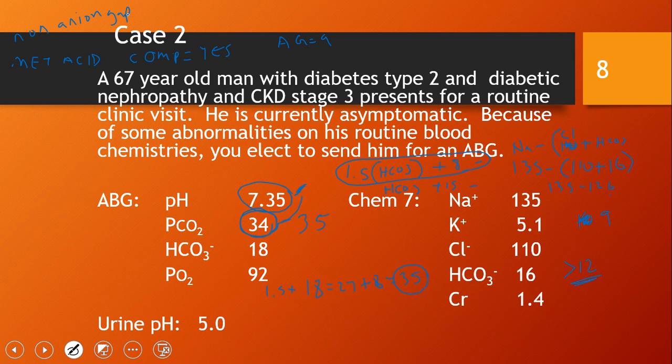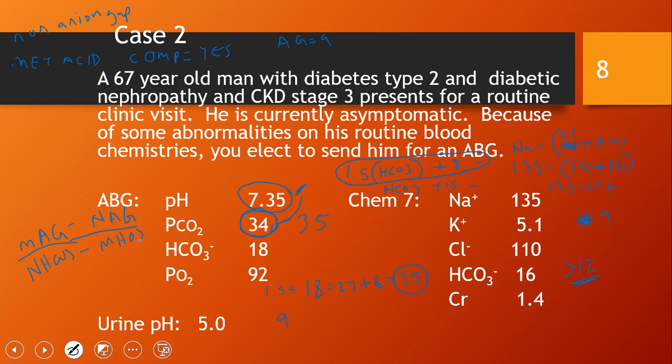Now I'm going to figure out his delta-delta. I'm going to take his measured anion gap, which is 9, and actually I'll write what I'm going to do first so that you can see. I take measured anion gap minus normal anion gap, over normal HCO3 minus measured HCO3, and find out what that is. So let's throw in some numbers.